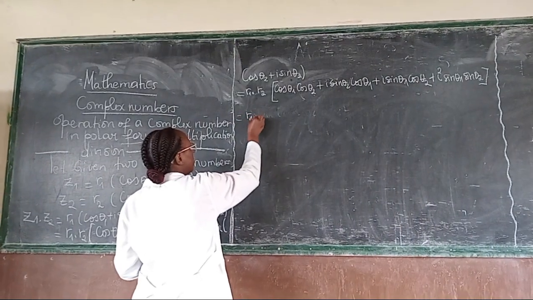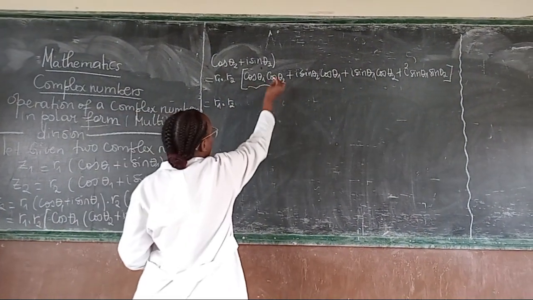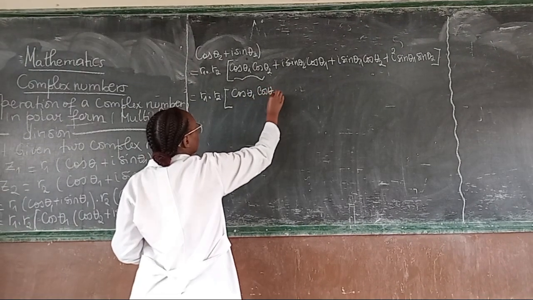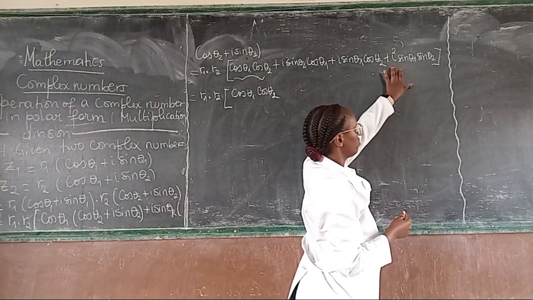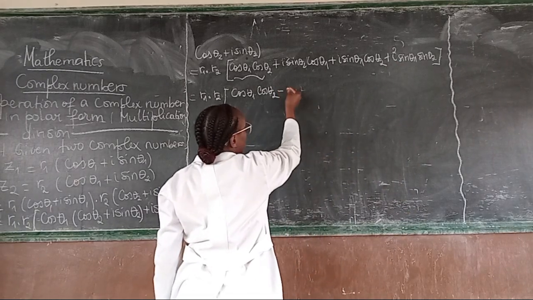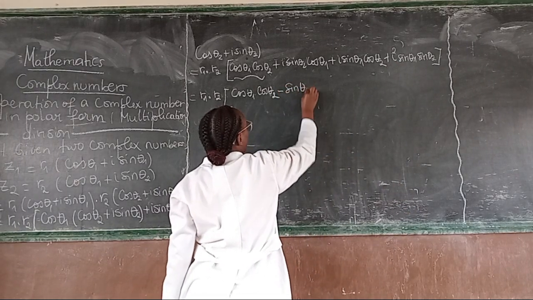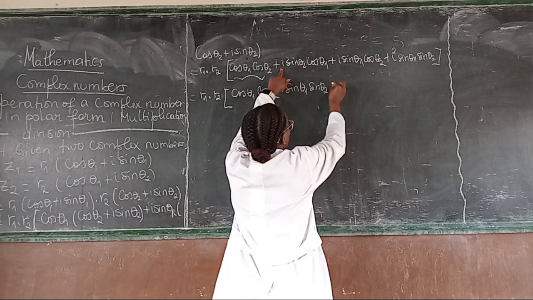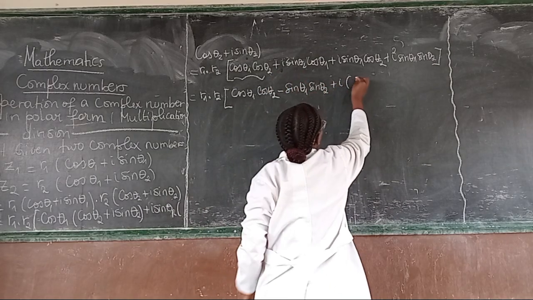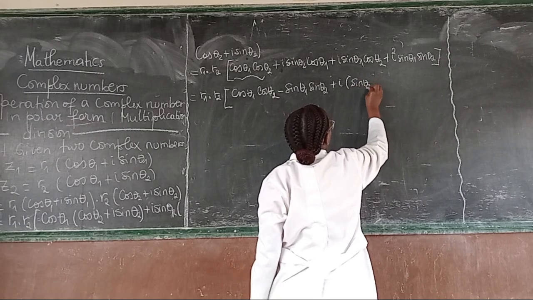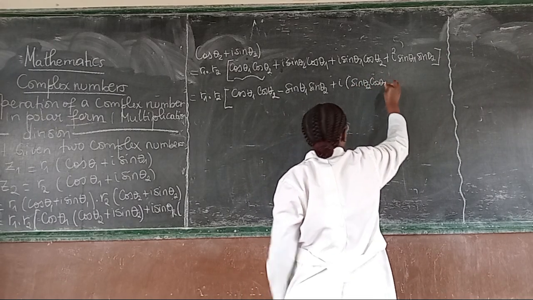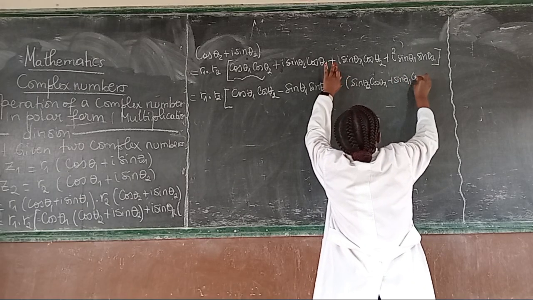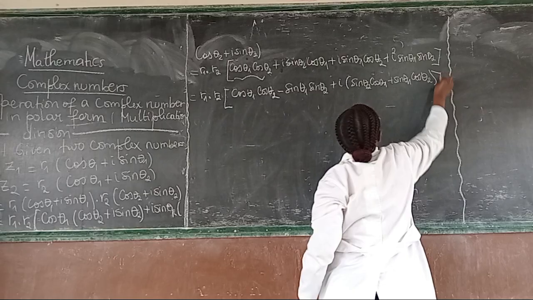We have R1 times R2. This one is cosine theta 1 cosine theta 2. Here I squared will become negative, so minus sin theta 1 sin theta 2. Then plus I, with this term we have sin theta 2 cosine theta 1 plus sin theta 1 cosine theta 2.